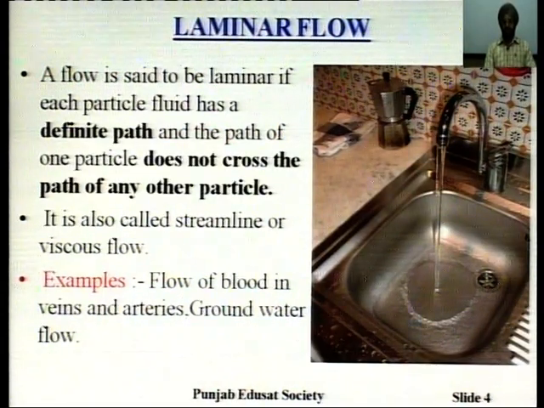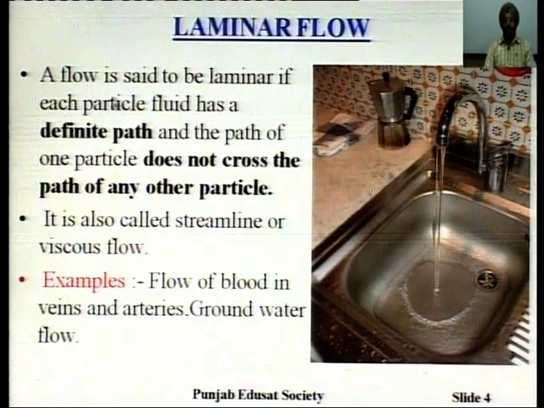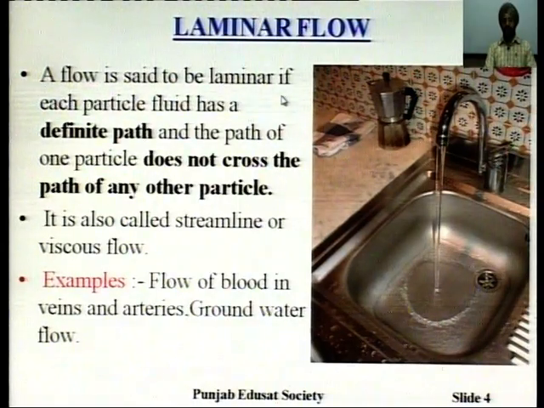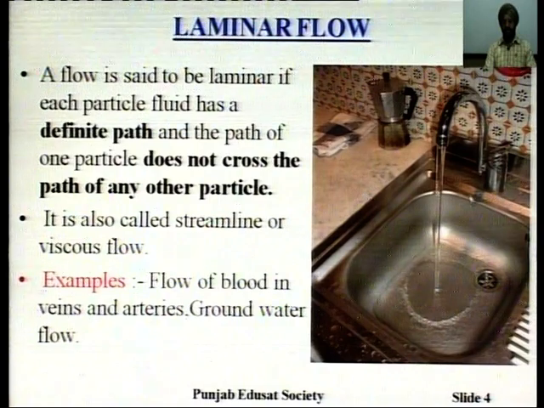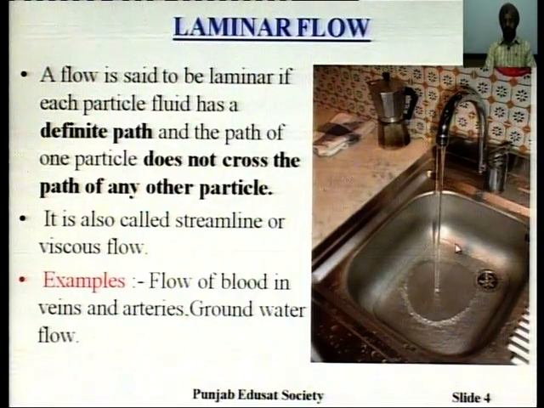Now, once again discussing laminar and turbulent flow. A flow is said to be laminar if each fluid particle has a definite path. As you can see in this swan type of water flow, this is a kitchen case in which we have a sink, and with a swan tap, the water is coming out of it.